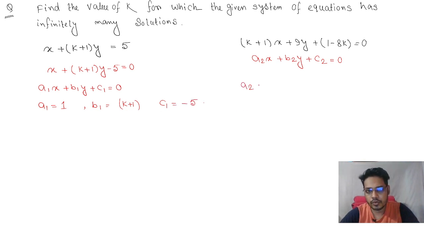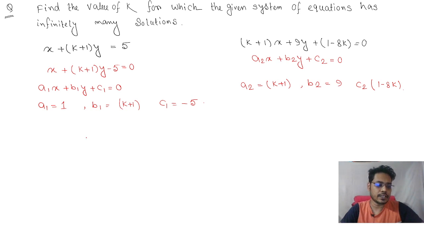Now here a2 is k plus 1, b2 is 9, and c2 is 1 minus 8k. Now it has infinitely many solutions.